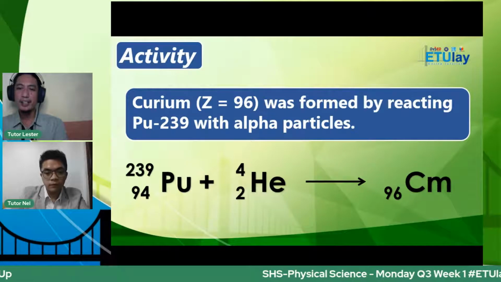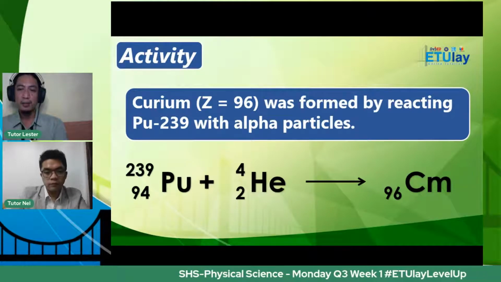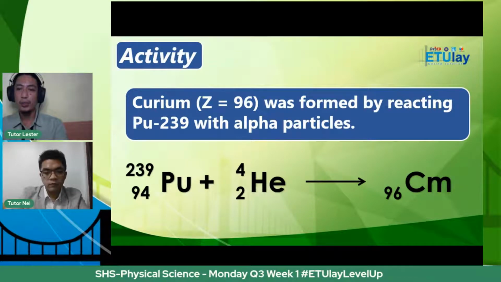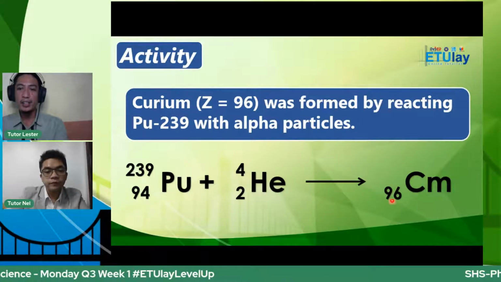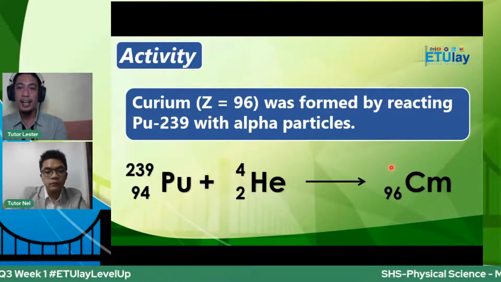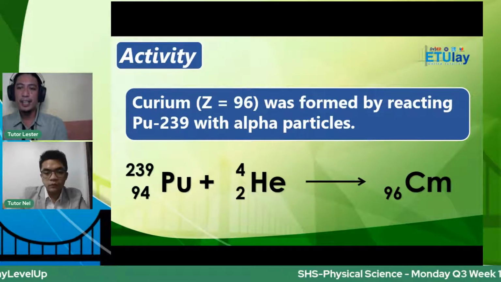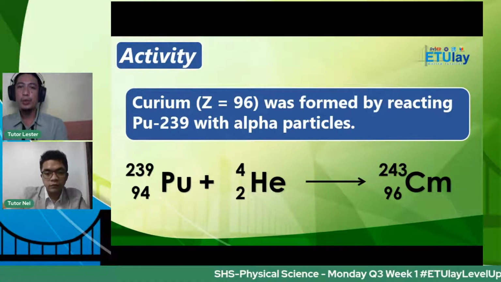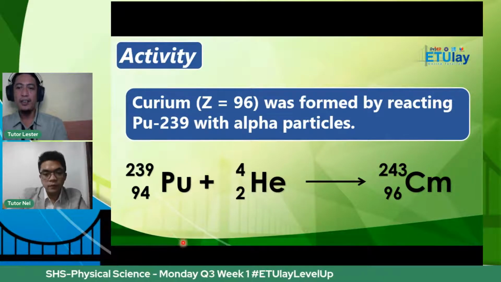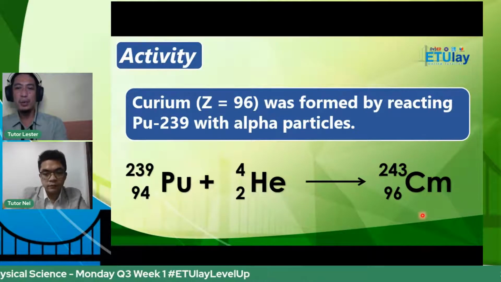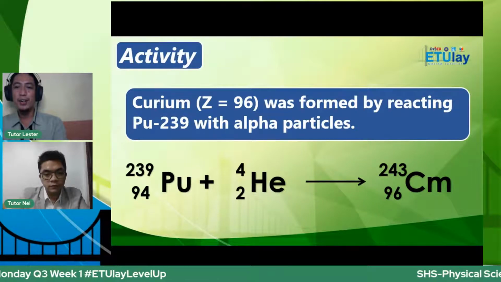So when we get the sum of the atomic mass of plutonium and helium, we can discern that the mass of curium is equal to 243. Ayan. And now everything is balanced, which makes the equation correct.